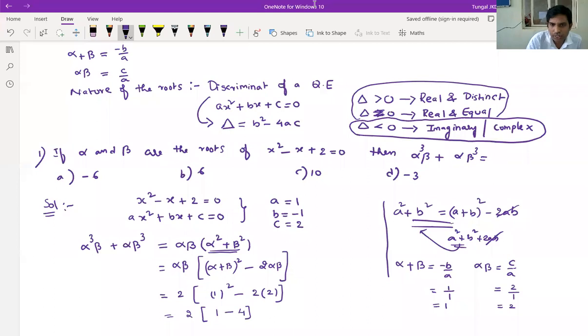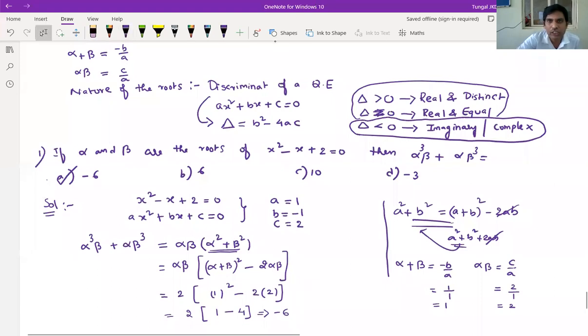So the answer, what will you get? Minus 6. So the option is, what is that? The first option. So instead of finding alpha and beta, based on the sum of the roots and product of the roots, we can find the value. Understood everyone? I think no doubt in that question.